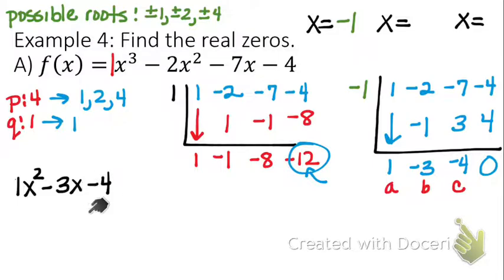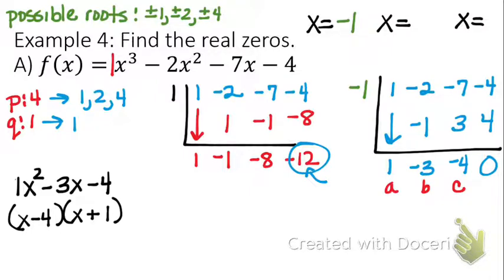So find your two numbers that multiply to be -4 and add to -3. So two numbers that multiply to be -4 and add to -3 would be what? -4 and what else? +1.